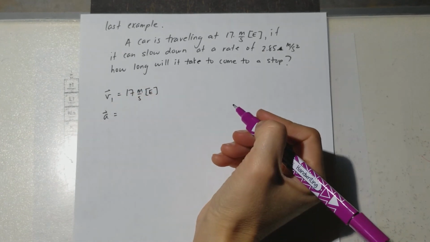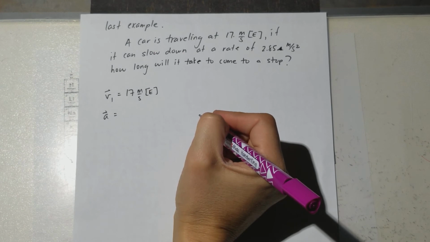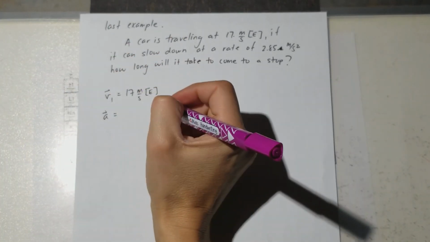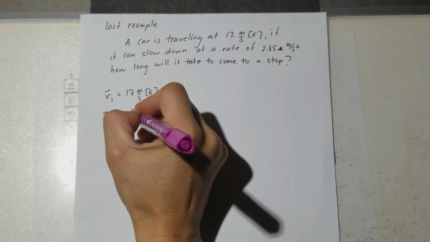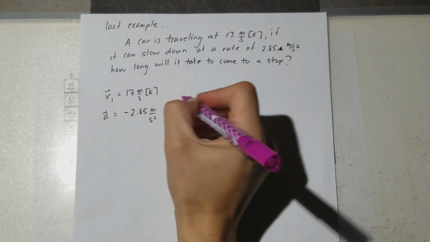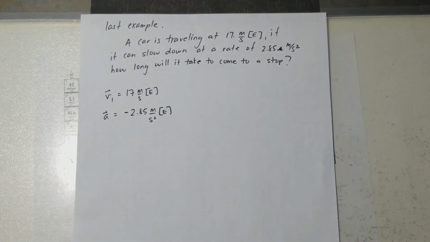Okay, and since it's slowing down, what does that mean in terms of its acceleration? If it means slowing down, then it's a negative acceleration. Okay, slowing down at 2.85 meters per second squared east. All right.